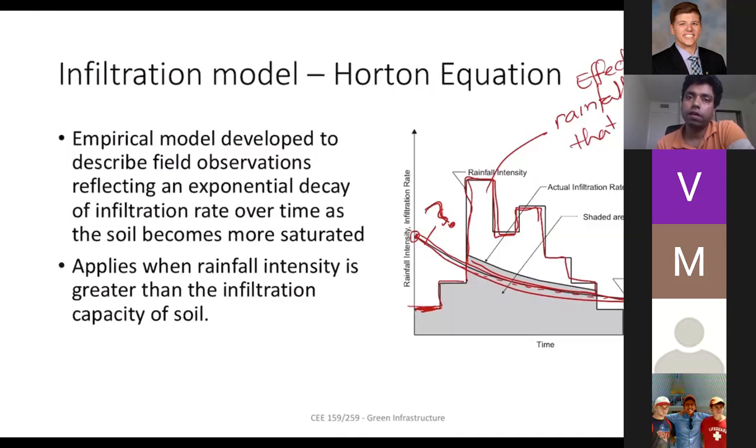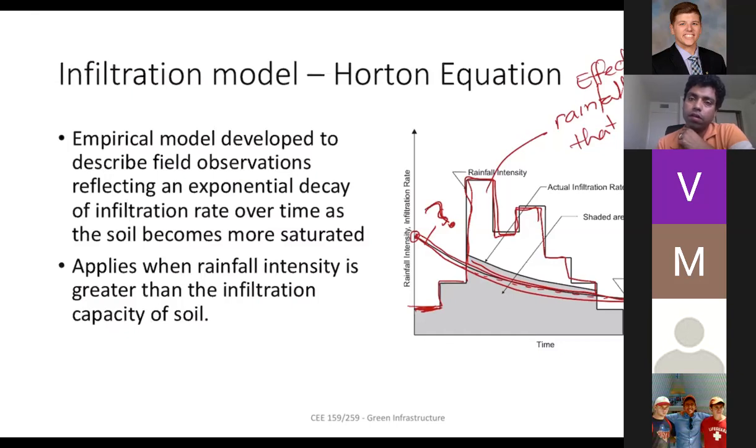What if it's a case where the rainfall intensity is less than the curve, but the duration is really high? Can we expect ponding then? No. You are saying the infiltration rate is higher than the rainfall intensity, right? Yes. Then you don't. That means any water that comes here at that time will all infiltrate into the ground.